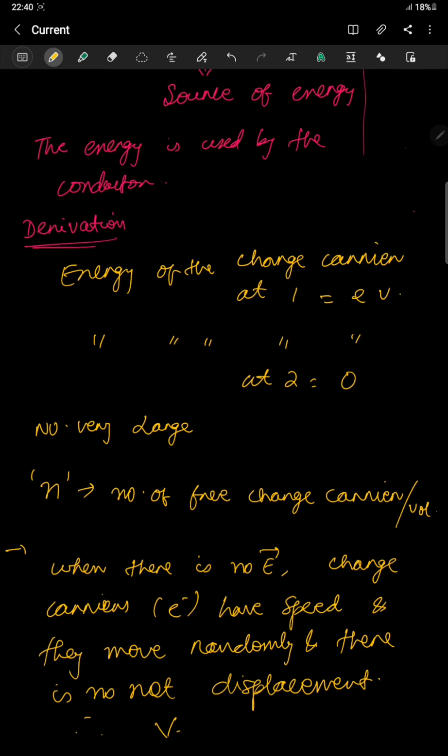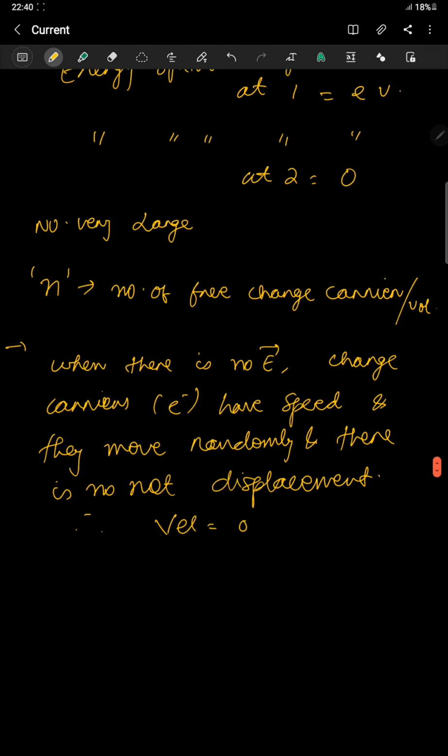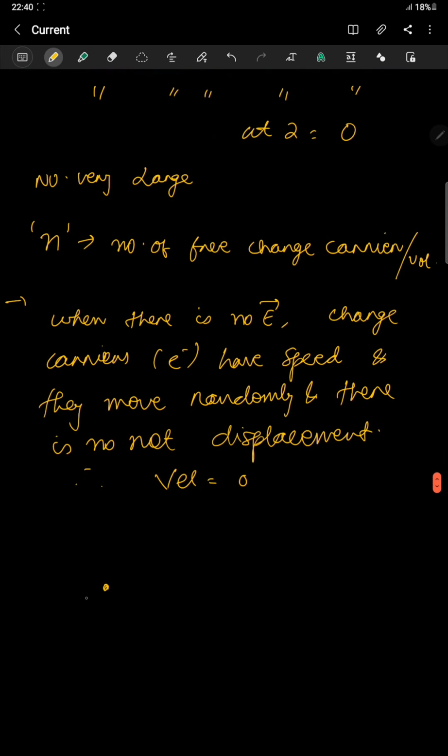Therefore the velocity is equal to 0. That means, suppose it starts from point A, it goes in a zigzag manner, and then reaches here only. Since there is no displacement, the velocity is 0. And this happens when there is no electric field.